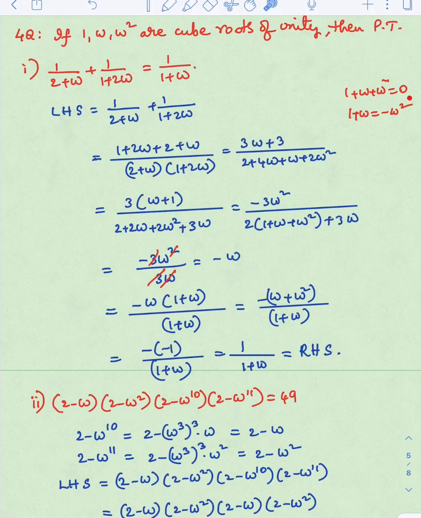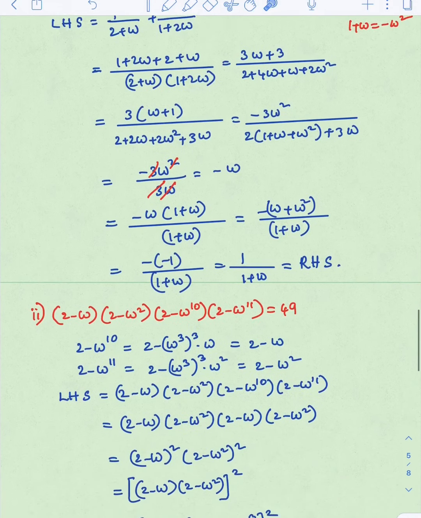What is omega plus omega square in the formula? Omega plus omega square is equal to minus 1. So, in this place put minus 1. Already there is minus; one more minus came. It will become 1 because minus into minus is plus. So, this is RHS in the question.